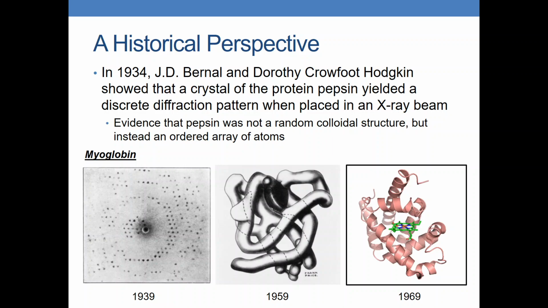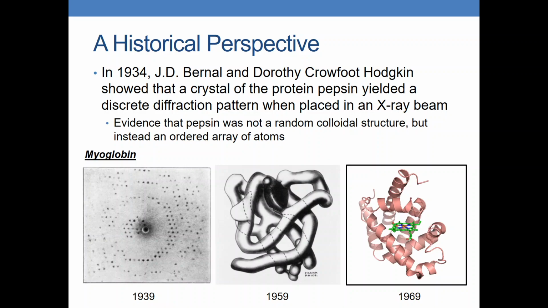So in 1934, when Bernal and Hodgkin showed a diffraction pattern for the protein pepsin, that told us for the very first time that pepsin, a protein, was not a random colloidal structure. It wasn't just a random ball of spaghetti. It was instead an ordered array of atoms. Seeing that diffraction pattern with discrete spots can only be possible if your molecule is ordered.